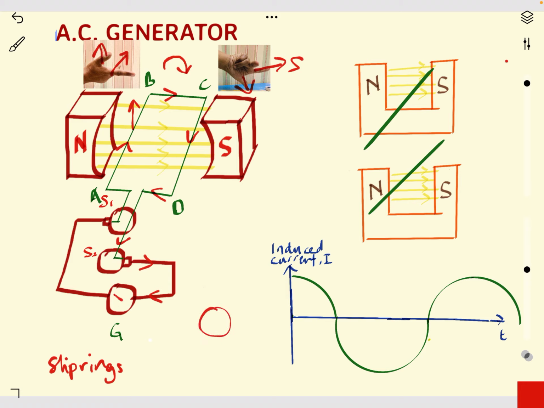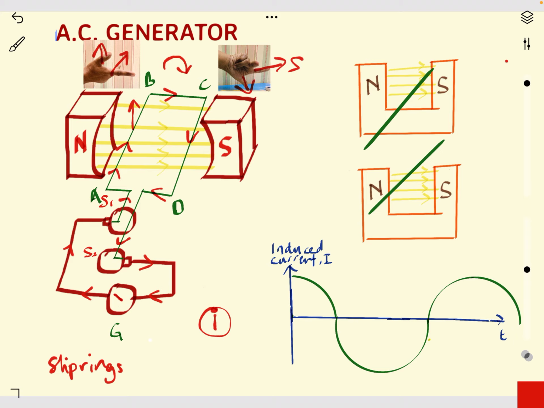Initially it is 0 because 0 is the vertical position. So when current flows in this direction, it will be deflected to the left, and then it goes back to the carbon brush and then to S2. Current will flow back to the coil to make a complete circuit.